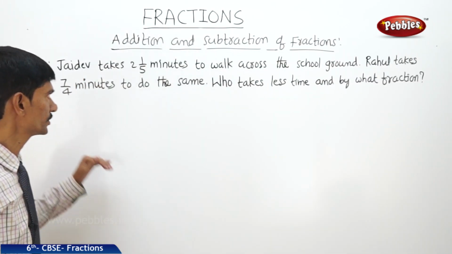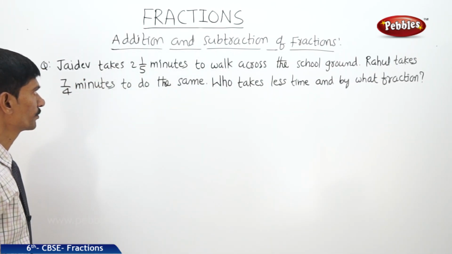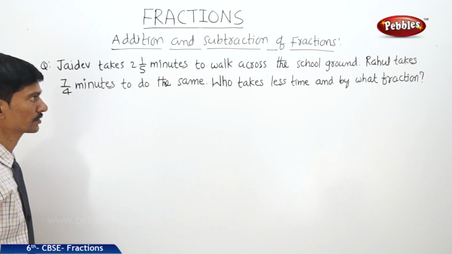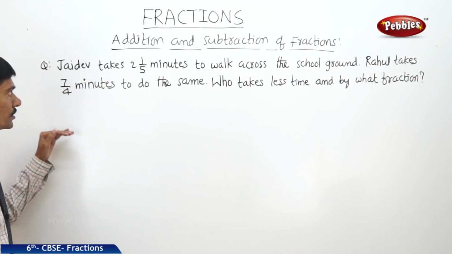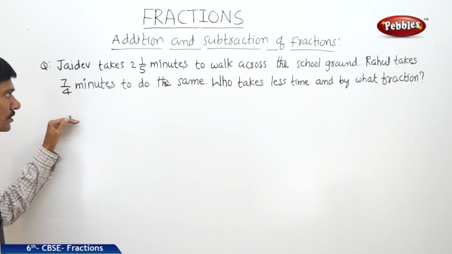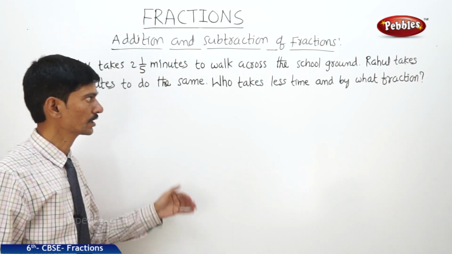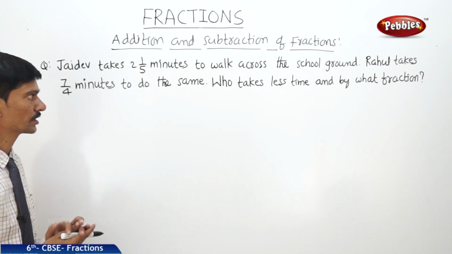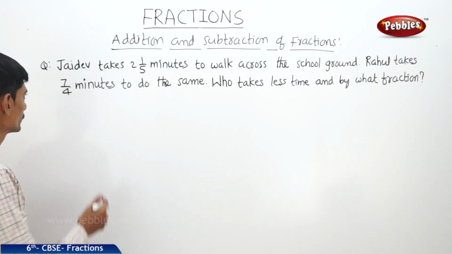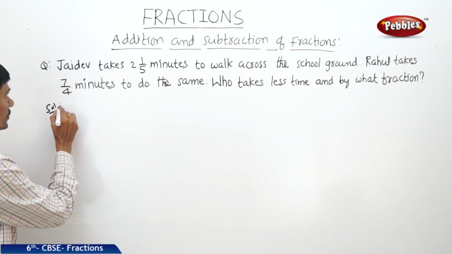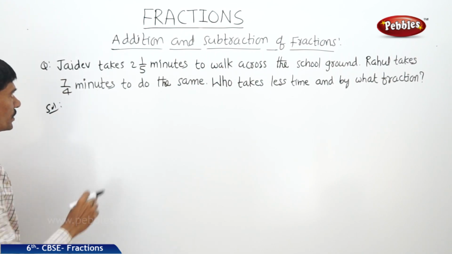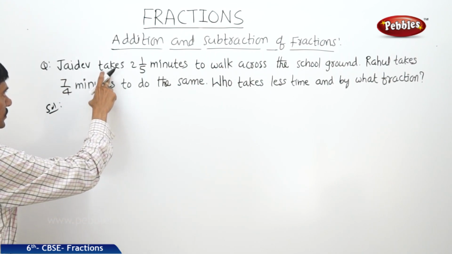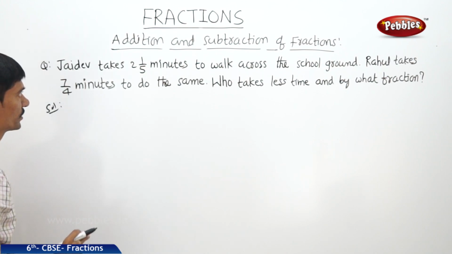Now let us see the next question. Zaidev takes 2 1/5 minutes to walk across the school ground and Rahul takes 7/4 minutes to do the same. Then who takes less time and by what fraction? First let us write the given question as statements. The time taken by Zaidev is 2 1/5 minutes.